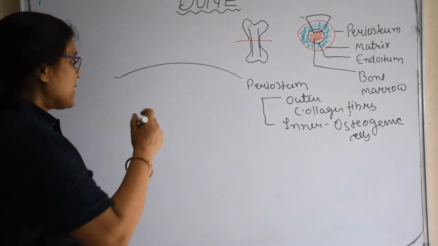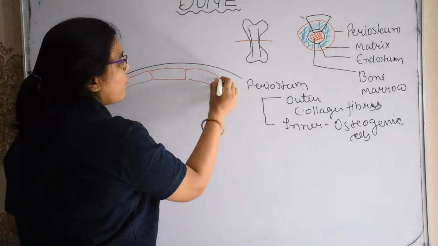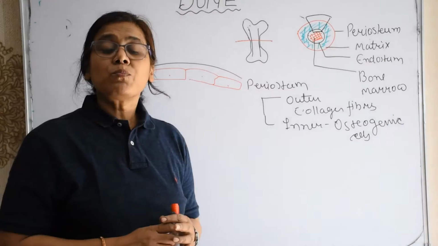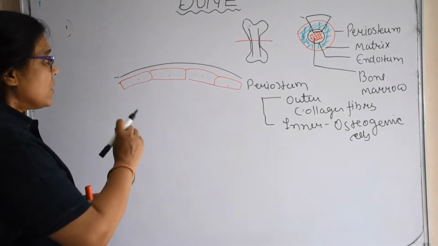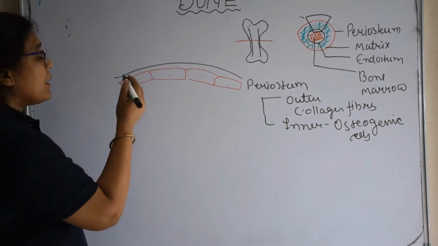These osteogenic cells differentiate to form osteoblasts, which are bone forming cells. So this is periosteum, which forms the outermost layer.